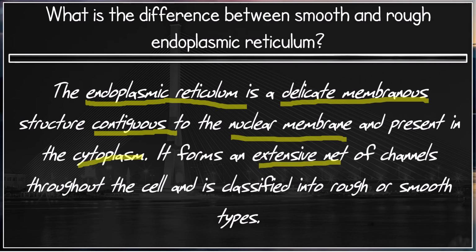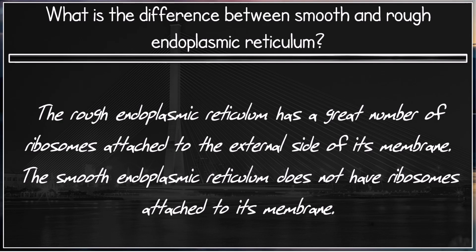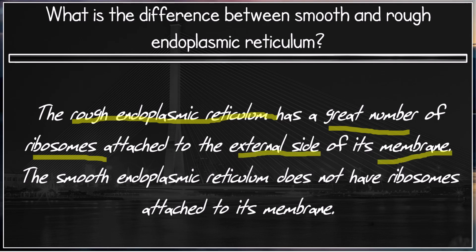It forms an extensive net of channels throughout the cell, and it is classified into rough and smooth types. The rough endoplasmic reticulum has a great number of ribosomes attached to the exterior side of its membrane. Smooth endoplasmic reticulum does not have ribosomes attached to its membrane.